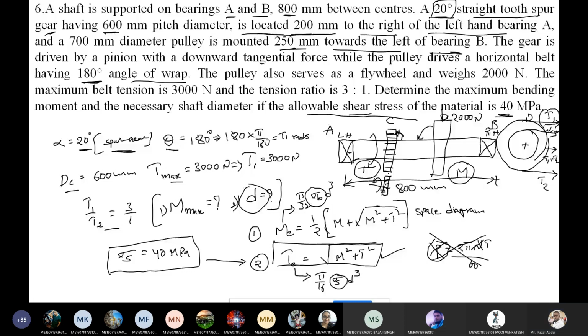Suppose this is the gear, this is the pulley. Whatever power is in the gear is going to transfer to the second gear with the help of tangential force only. So for that reason I am writing the tangential force.